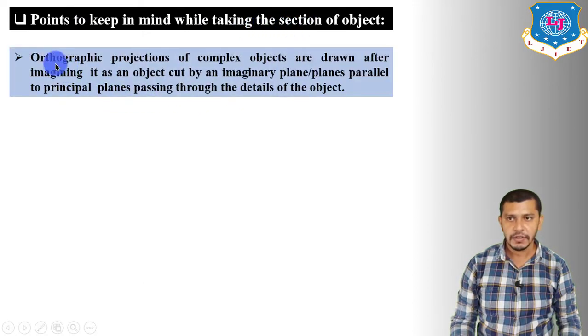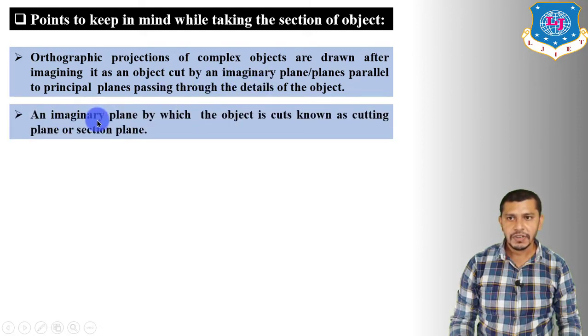The first point is that orthographic projections of a complex object are drawn after imagining it as an object cut by imaginary planes parallel to the principal reference planes through the details of the object, and the imaginary plane by which the object is cut is known as the cutting plane or section plane.